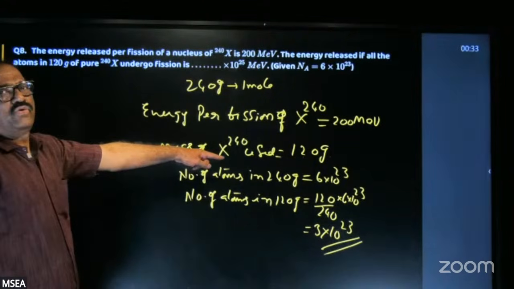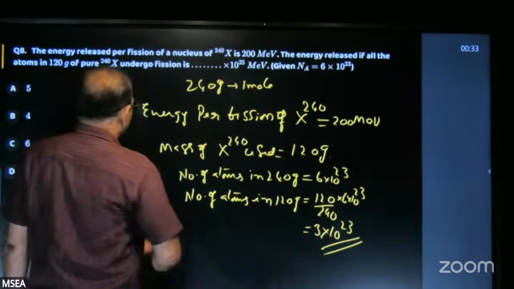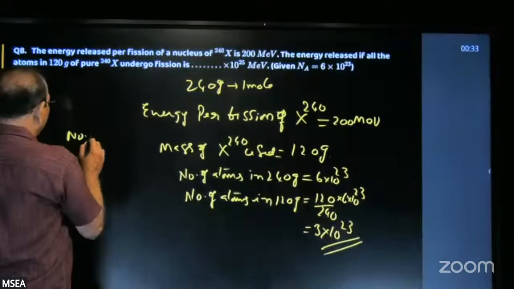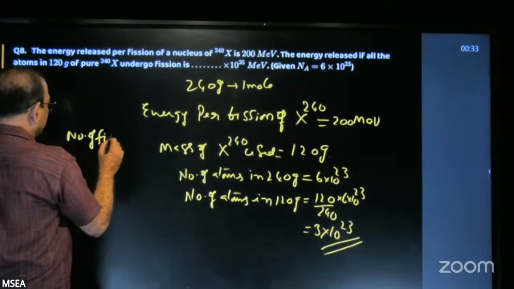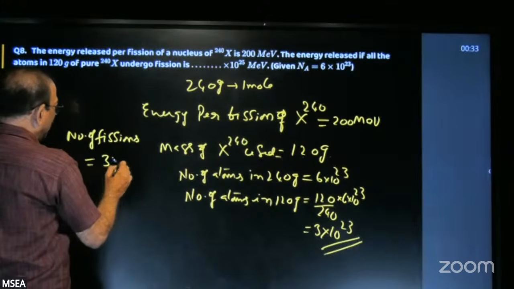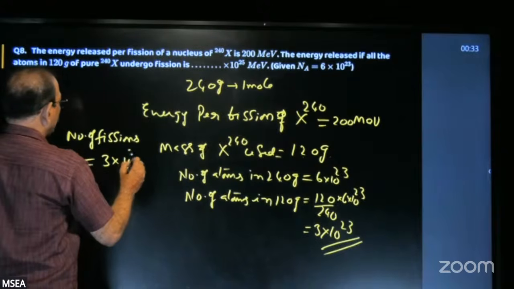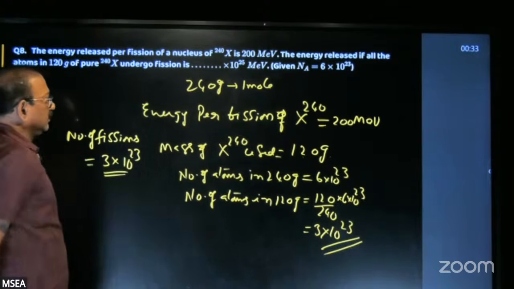Every atom will undergo fission. Every atom, one fission. So total number of fission reactions, how much? How many atoms are there? That many, 3 into 10 power 23.